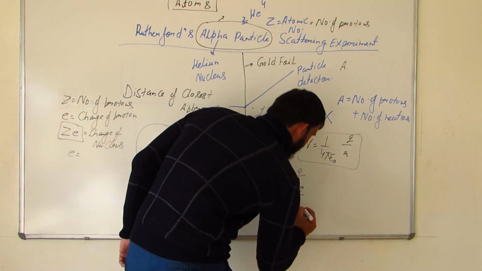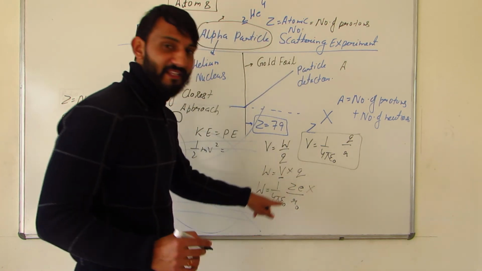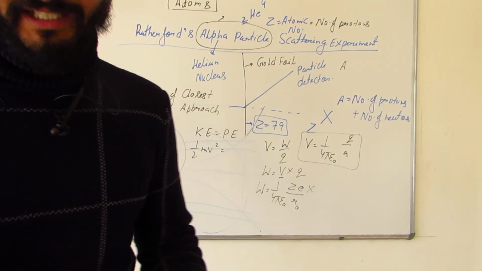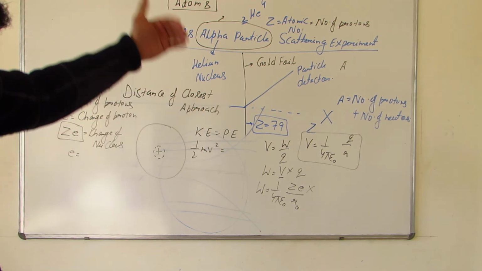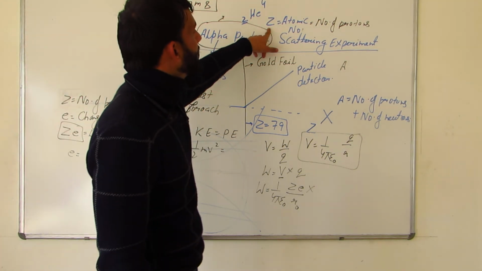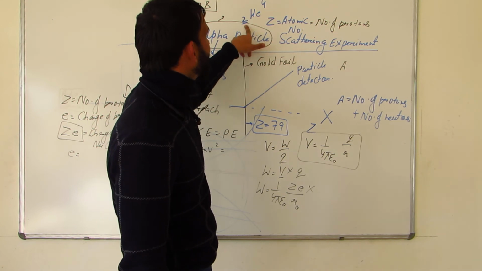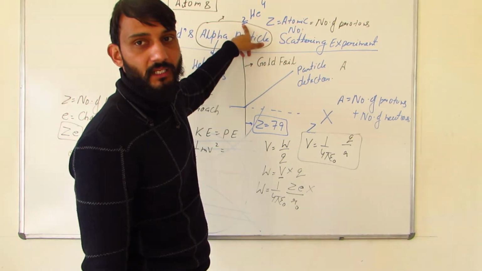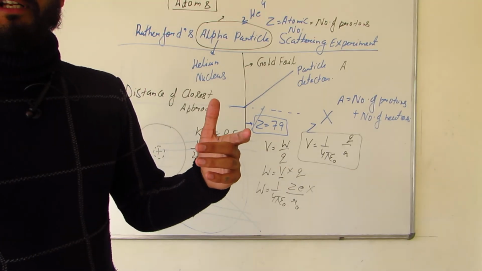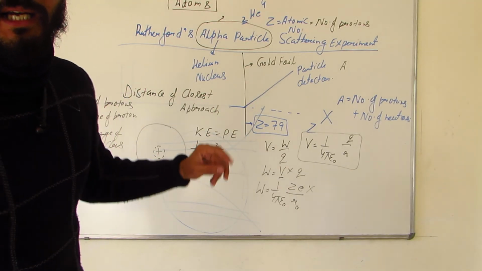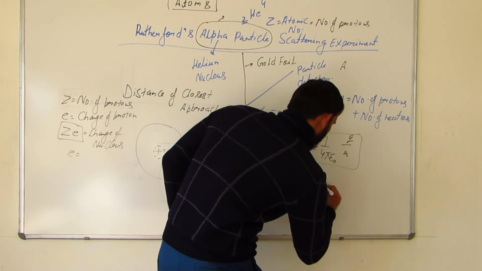Multiply it by the charge of whoever is coming in the vicinity of this nucleus, obviously the alpha particle. And how much charge does the alpha particle have? It has 2e, because 2 protons are there, and 1 proton has a charge of e, so 2 protons have a charge of 2e.